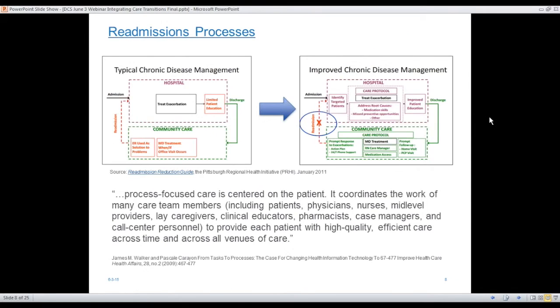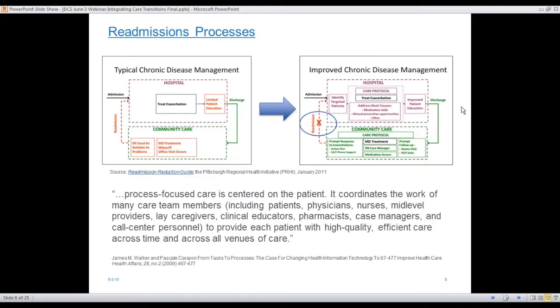And now we move on to the next part, which is to start to think through and look at processes. And I really look at that. There was just very recently an article published in Health Affairs magazine. It was published last month, May of 2015, by Walker and Carrion. They're both out of Geisinger. And they talked about what they called process-focused care versus task-focused care.